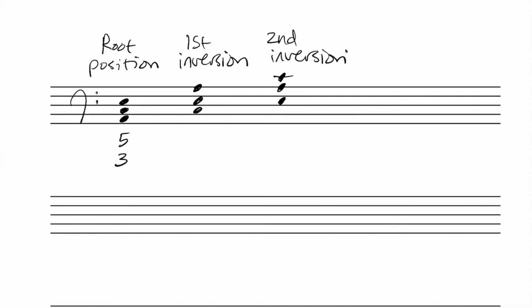A to C, that's a third above the bass. A to E, that's a fifth above the bass. Following this same logic for first inversion, we call this a 6-3. Why? Because the bass is C and we have a third above it and a sixth above it.